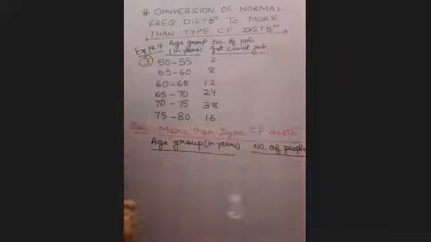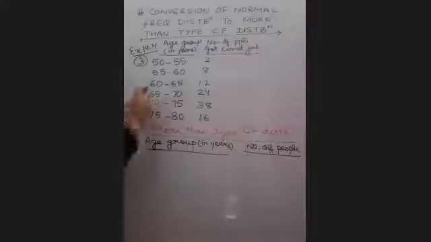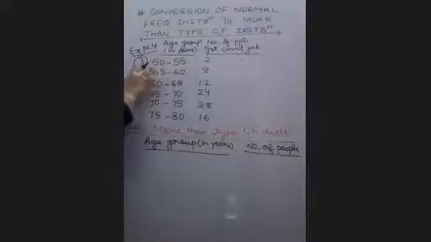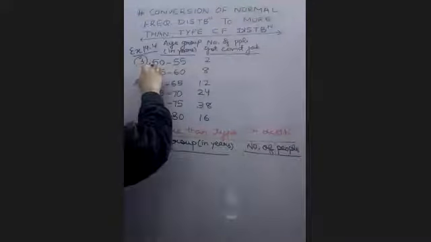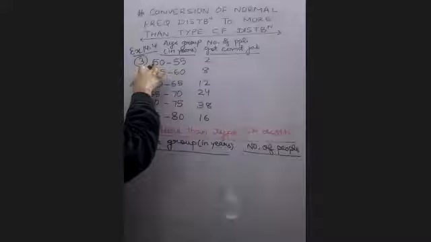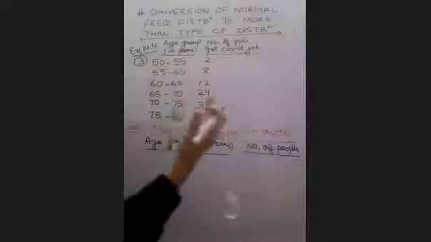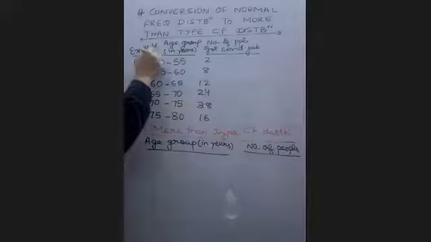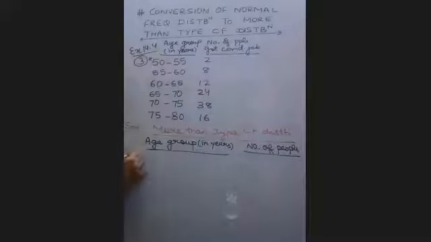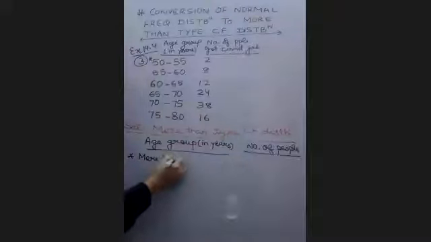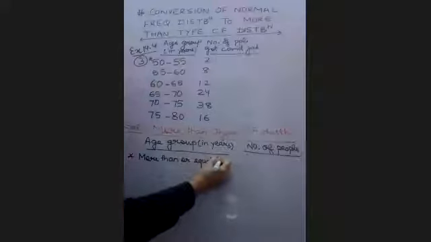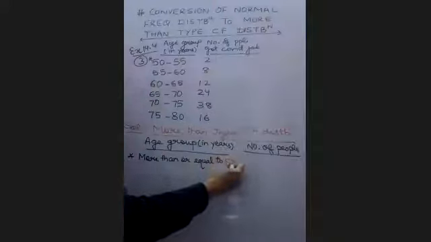Let us say, as discussed, what will it be? 50 to 55. What are you conveying? The age of a person more than or equal to 50, but less than 55. So what are we going to write here? More than or equal to 50.